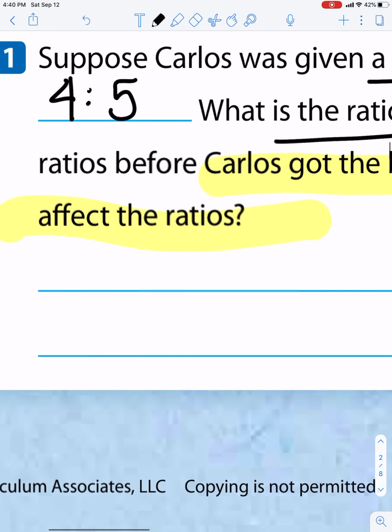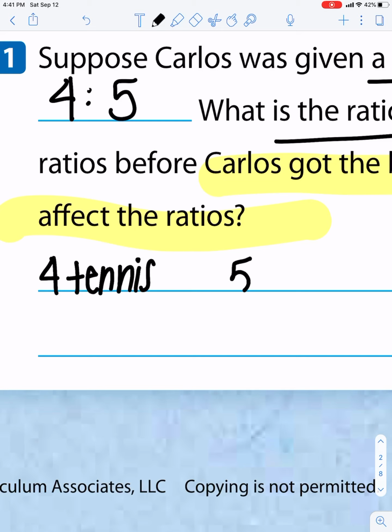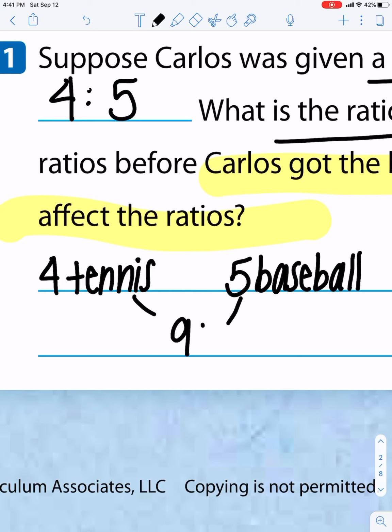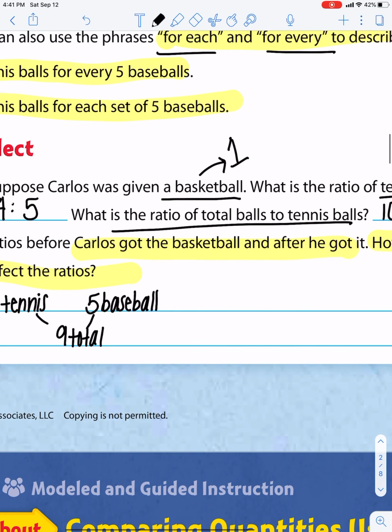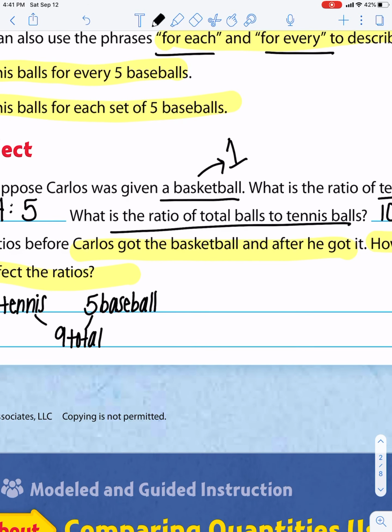So prior to this situation, he had 4 tennis balls and 5 baseballs. So that made a total of 9 total balls. Then he added a basketball.